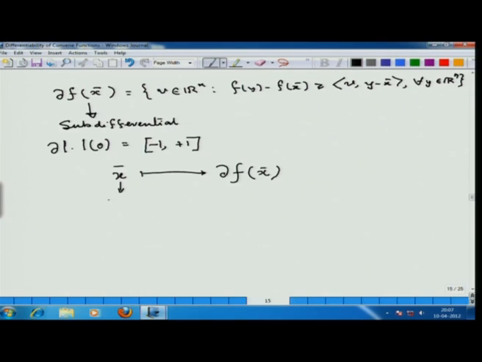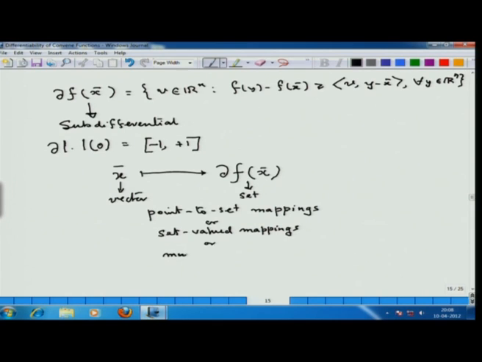So, I am taking a vector in Rn and by the subdifferential, which I am claiming to replace the gradient of a convex function where it is non differentiable, by a set. So, such mappings are called point to set mappings, or set valued mappings, or multi-valued mappings, whichever you want to call them.